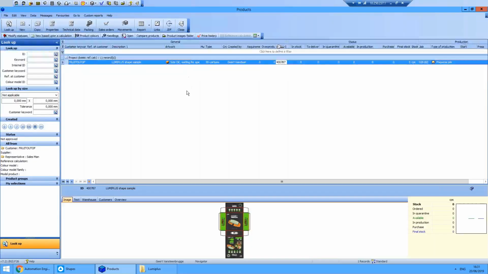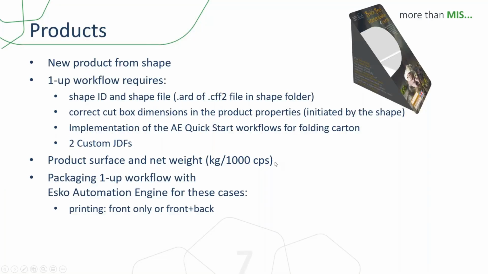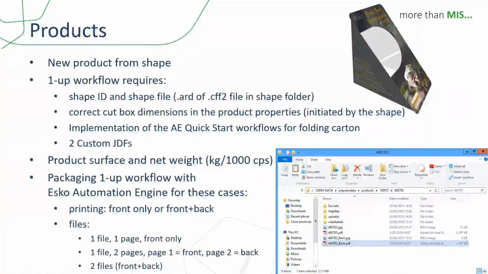In the meantime, let's check the status of the product: ongoing. So we talked about the product surface and the net weight, and maybe one additional information on that OneUp workflow. In fact, that OneUp workflow can work for these cases: printing front only or front and back printing.